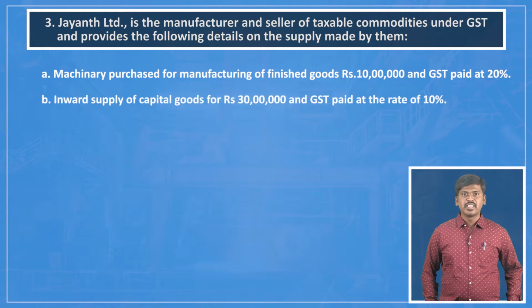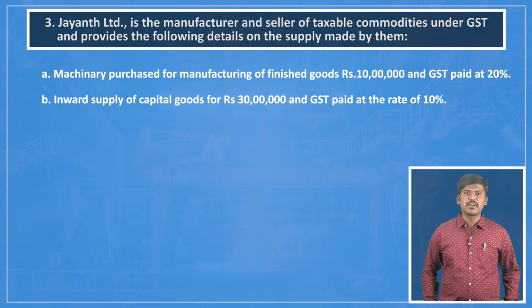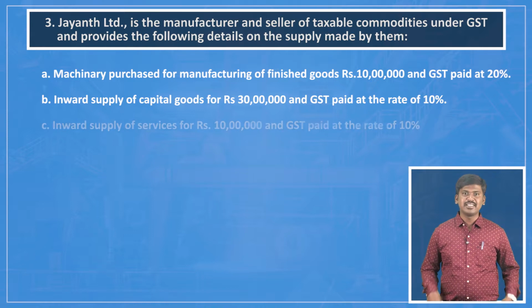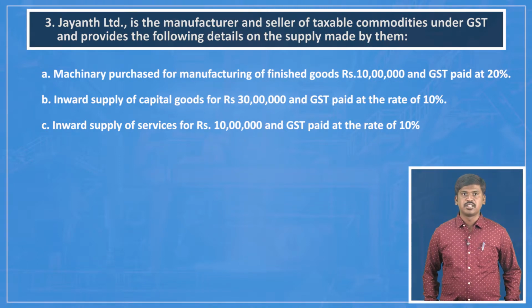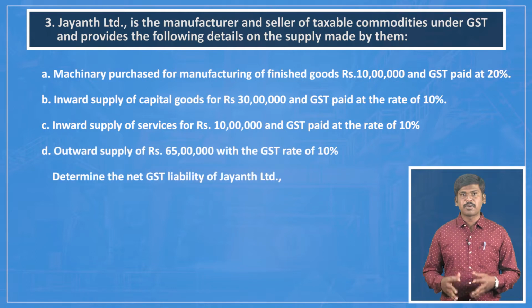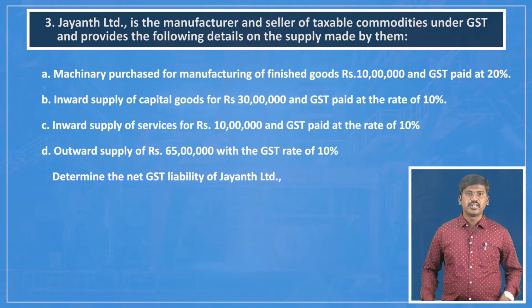Number 2, inward supply of capital goods for rupees 30 lakh and GST paid at the rate of 10%. Number 3, inward supply of services for rupees 10 lakh and GST paid at the rate of 10%. Number 4, outward supply of rupees 65 lakh with the GST rate of 10%. Determine the net GST liability of Giant Limited.